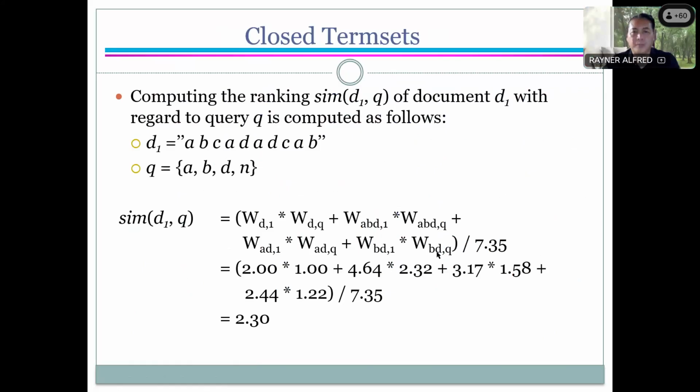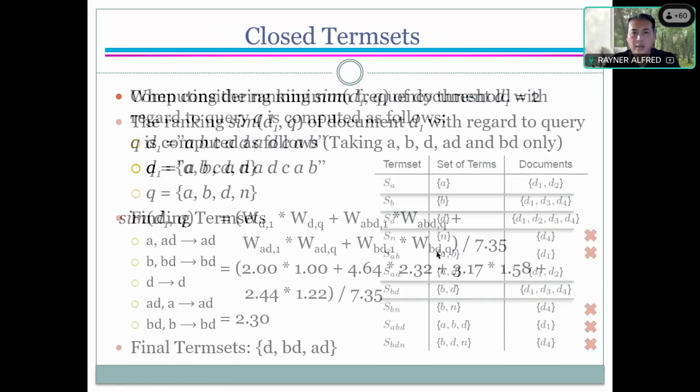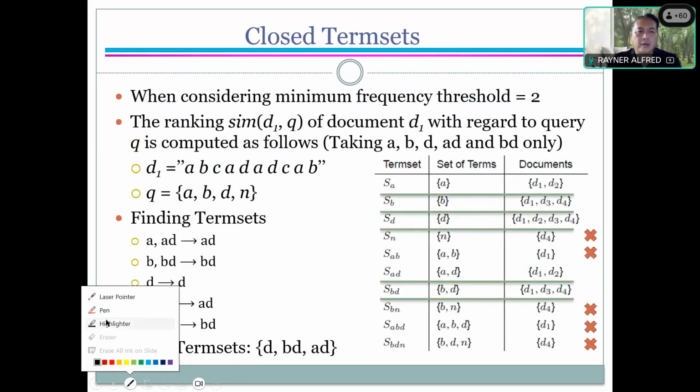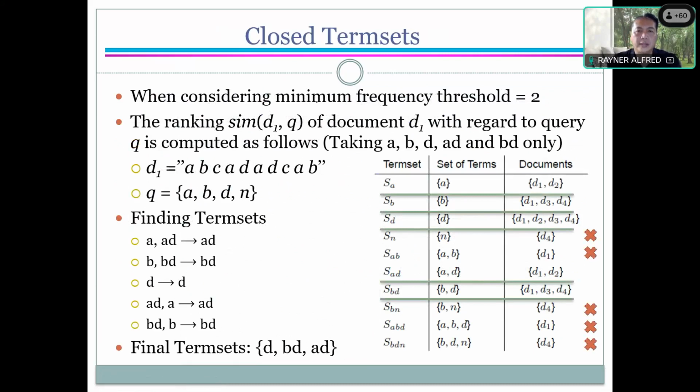Okay, we can further reduce this by having this situation. For example, if we have a threshold for the frequent term set, we say that only 2 documents, 2 or more. So that means we will not consider D4, D1, and so on, because all these term sets only exist in one document.